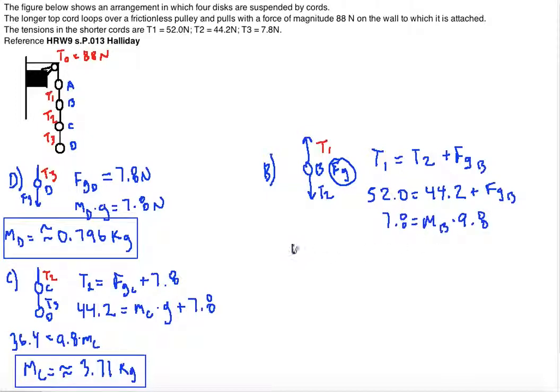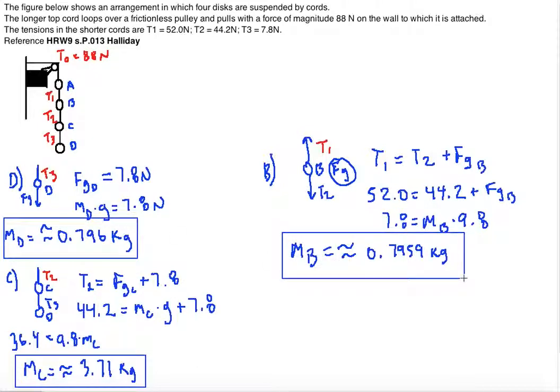And the mass of B is roughly 0.7959 kilograms. Okay, there it is.